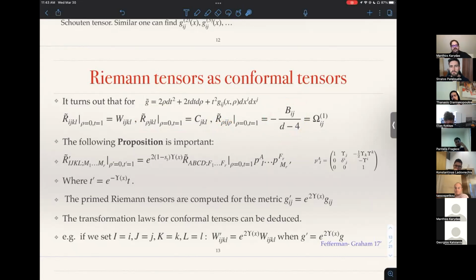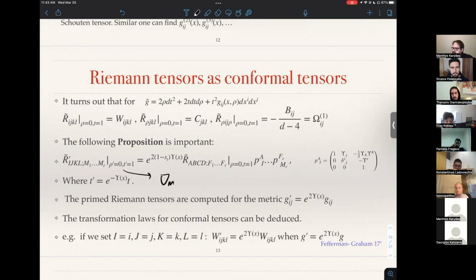And this is not an accident. You can prove all this first by brute force. But second, you can prove this is a conformal tensor if you use how the ambient Riemann tensor transforms. This is the very important proposition that was proven by Fefferman-Graham. It is basically the transformation law for a tensor, where the semicolon means covariant derivatives.